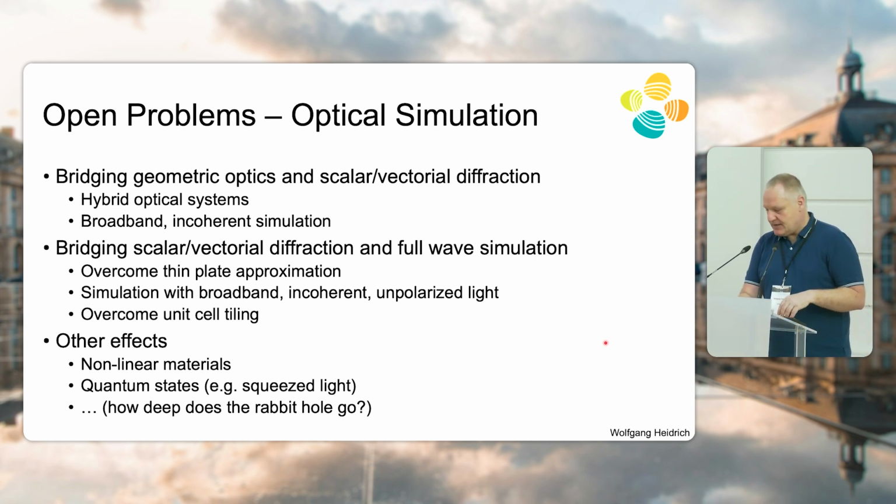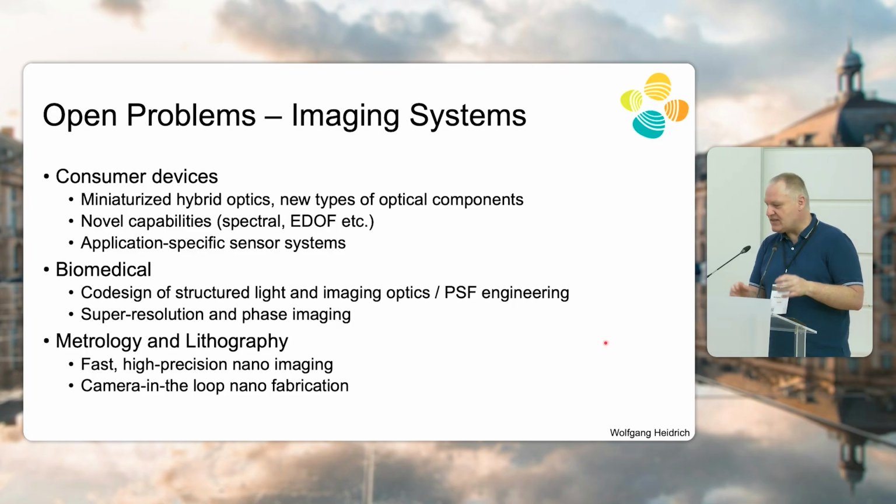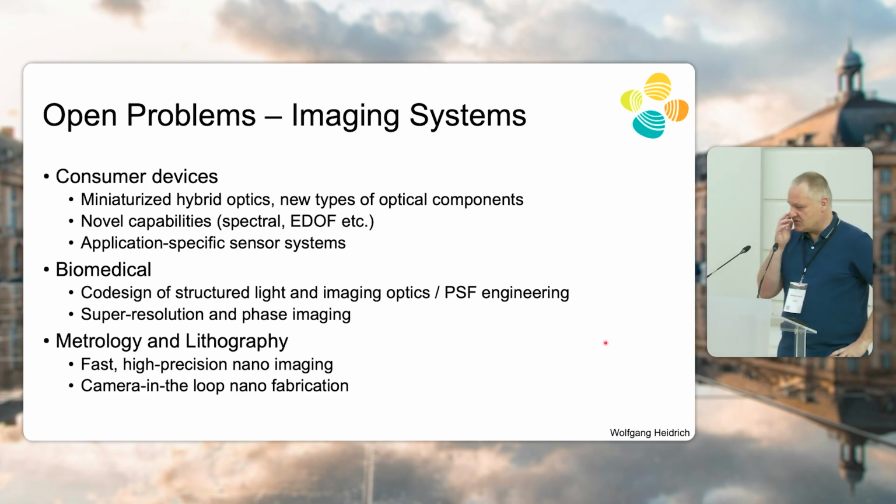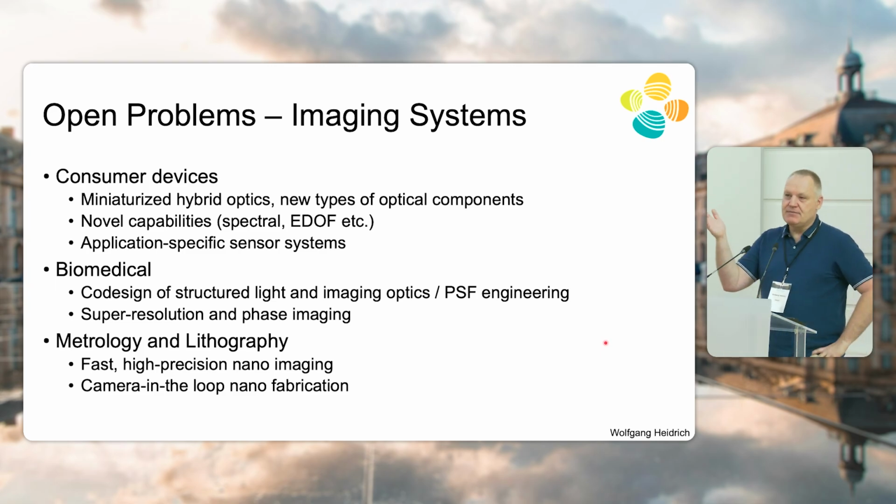Okay, really quickly, just two slides on the higher-level structures. I actually have one, just the imaging system. For the imaging systems, what I want to see is miniaturized hybrid optics.